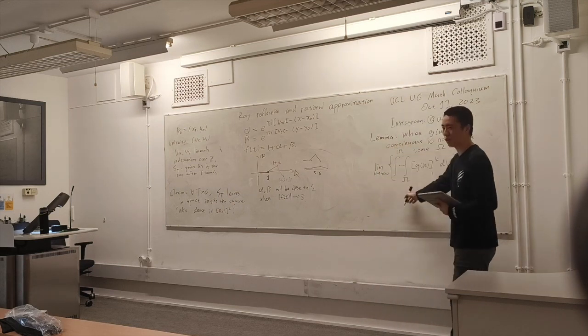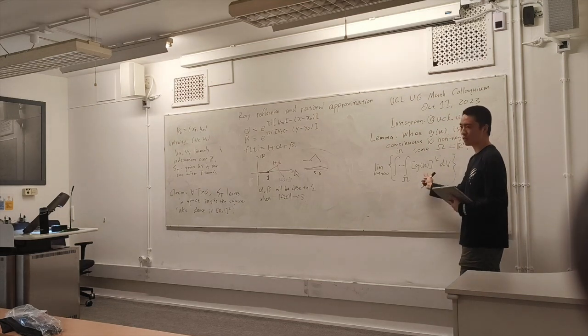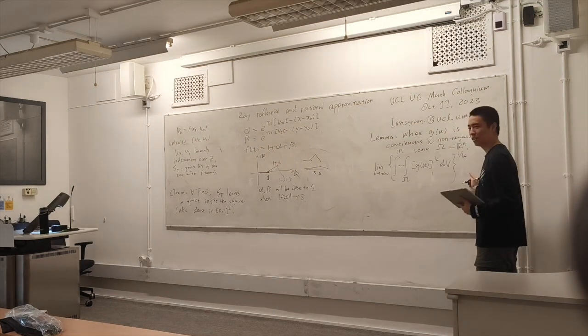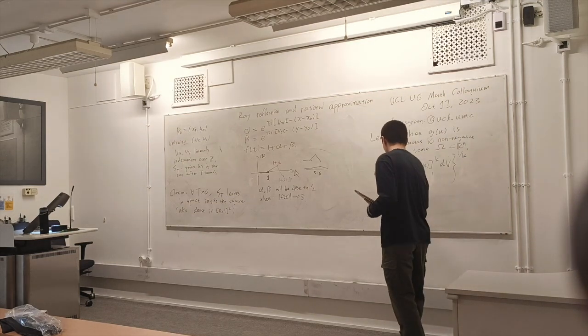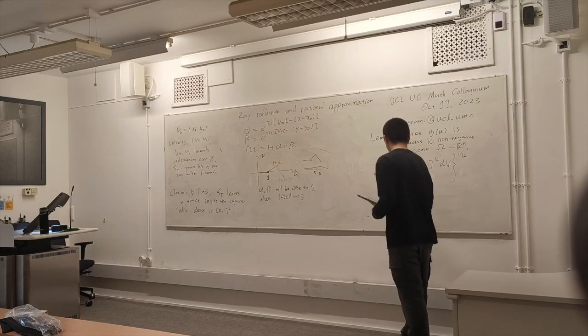If we integrate over the volume of the set, and the integrand is the kth power of g, and we take the 1 over kth power here, and we compute the limit, this limit is going to be the maximum of the function g, that is, the maximum over x inside omega of g of x.